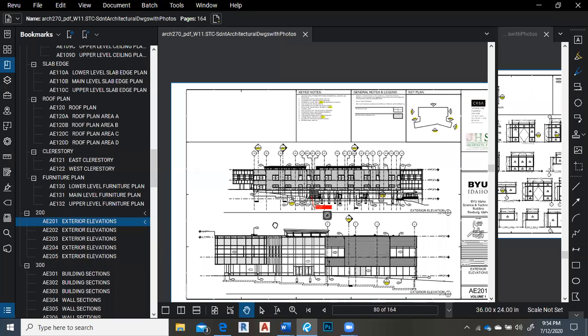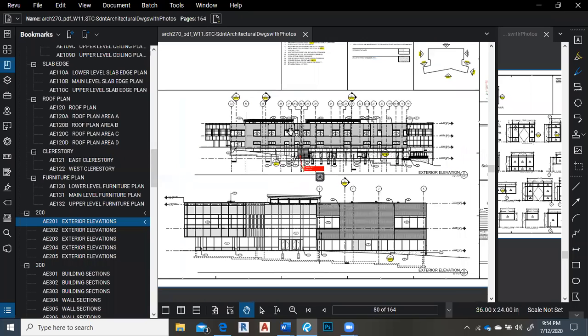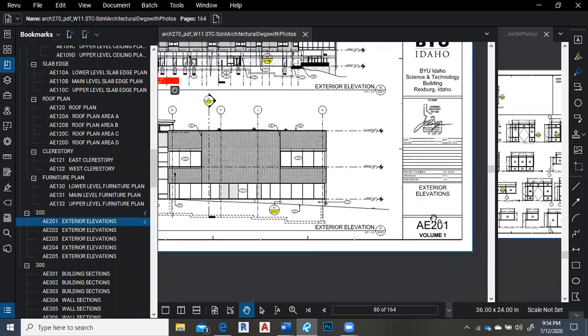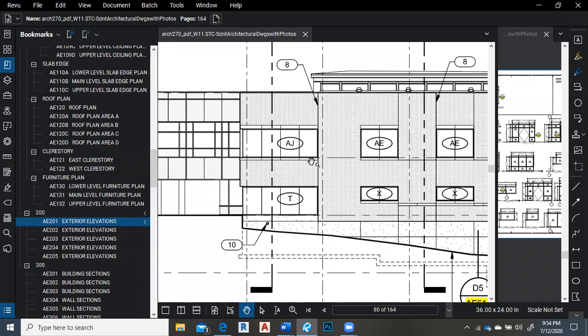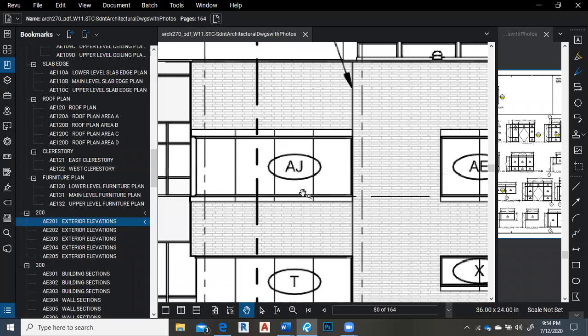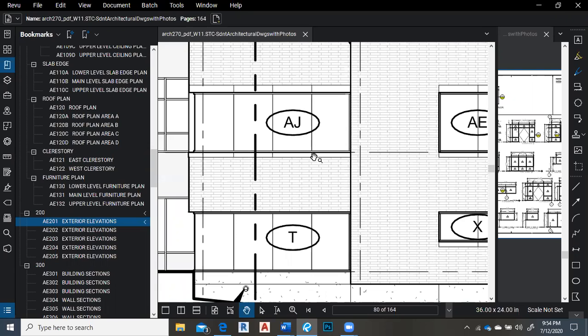All right, now let's get into explaining some elevations and how they work. Something I should probably explain is these oval details with numbers in them.